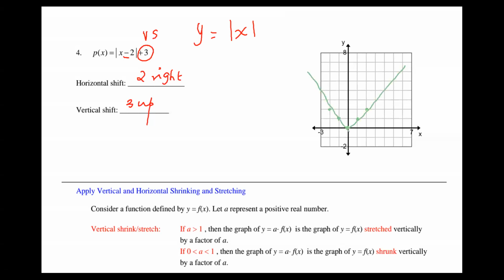Okay, so we have to move 2 units to the right and 3 units up. So it's going to be 2, 3. So that is going to be our next point.